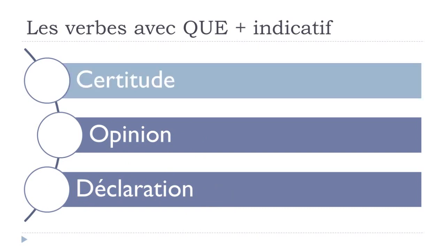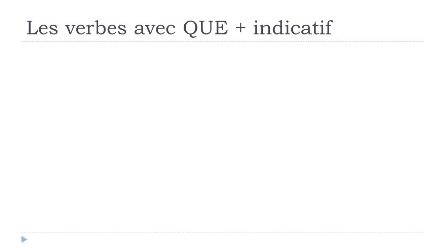Okay, so we'll first start with la certitude, and we'll see the verbs, not all the verbs of course, but a few examples, and after that, when you encounter a new verb, try to see whether it's constructed with le subjonctif or l'indicatif, and try to remember that.